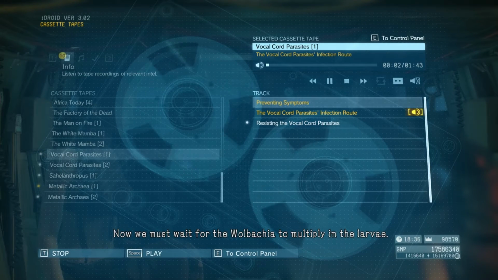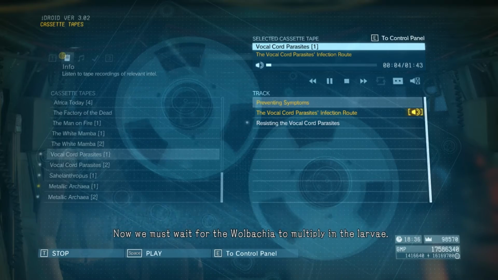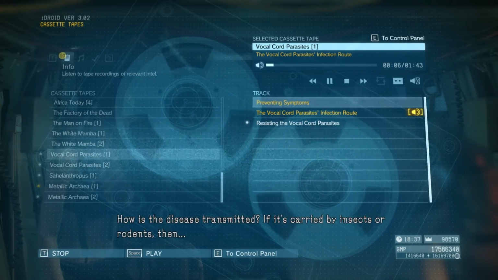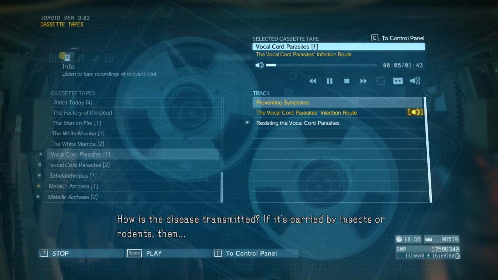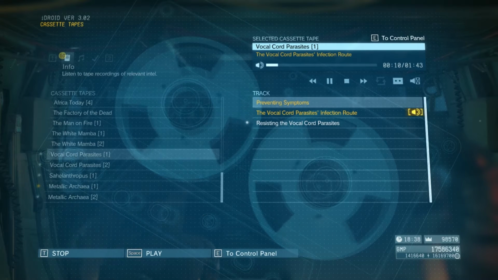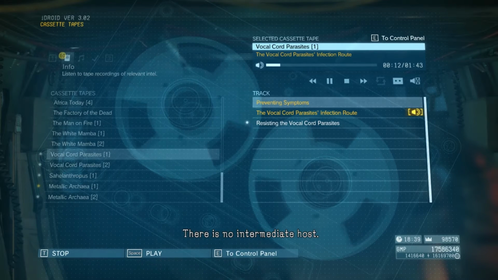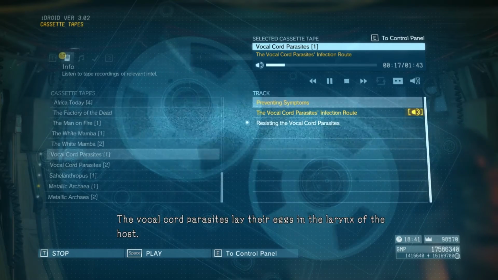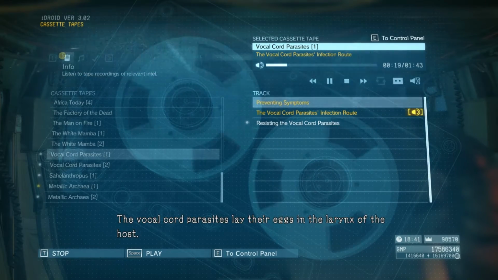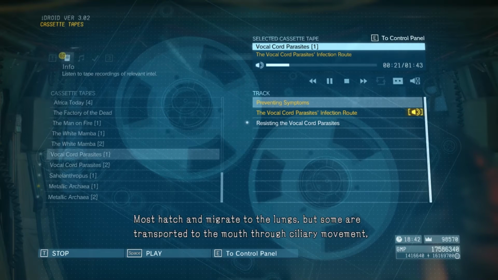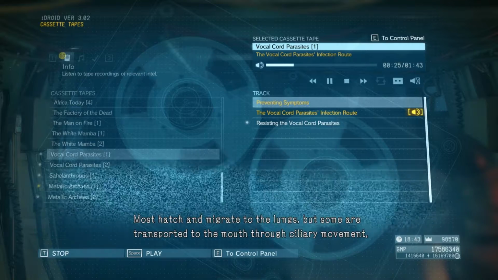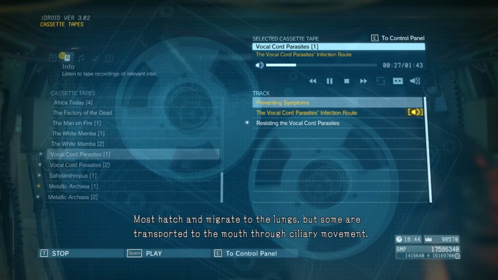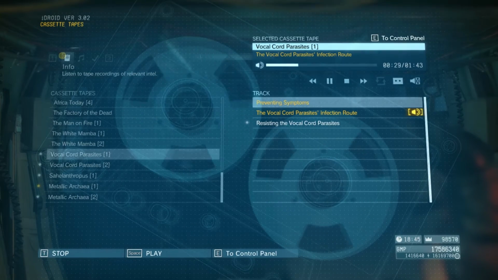Now, we must wait for the Wolbachia to multiply in the larvae. How is the disease transmitted? If it's carried by insects or rodents, then... There is no intermediate host. So... The vocal cord parasites lay their eggs in the larynx of the host. Most hatch and migrate to the lungs, but some are transported to the mouth through ciliary movement, mixing in with saliva.